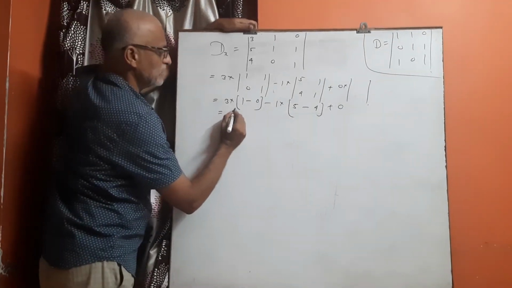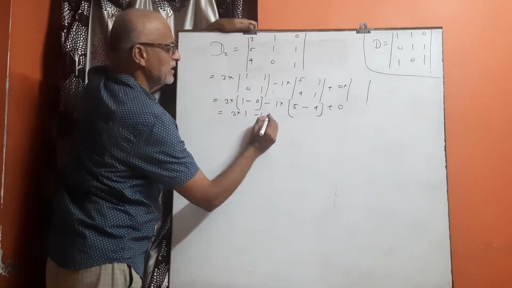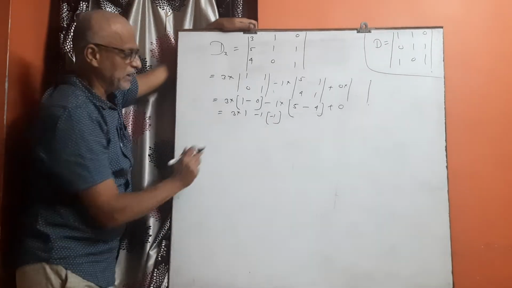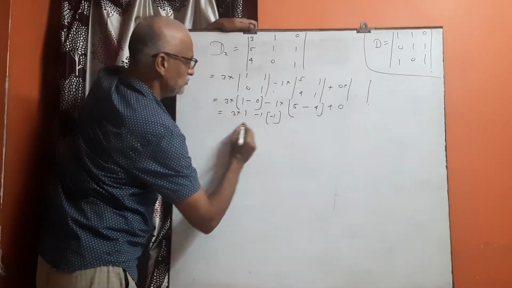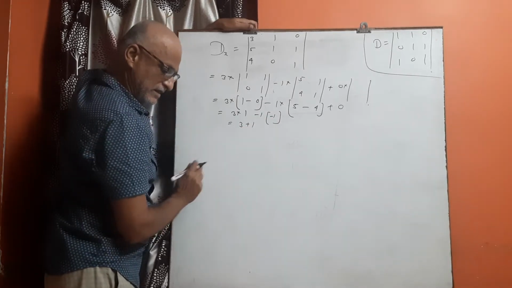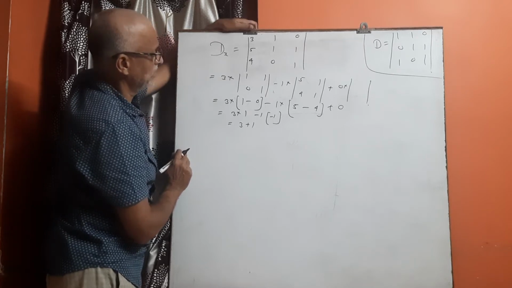This is equal to 3 into 1 minus 0 is 1 minus 1 into 5 minus 4 is equal to minus 1.